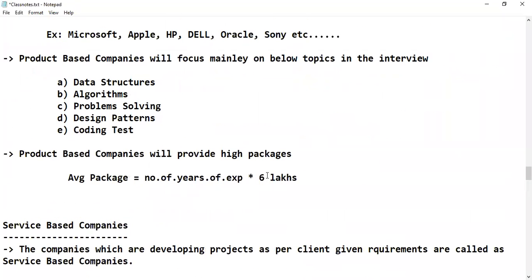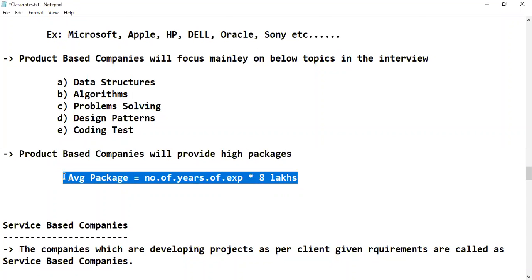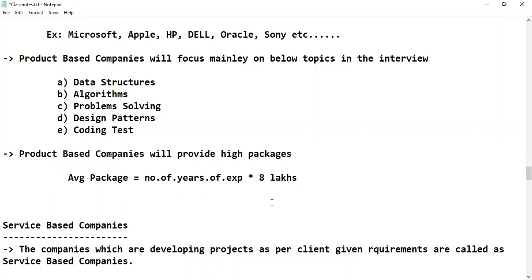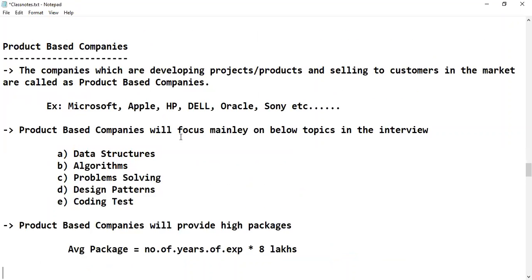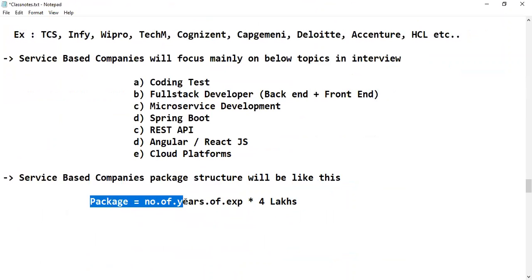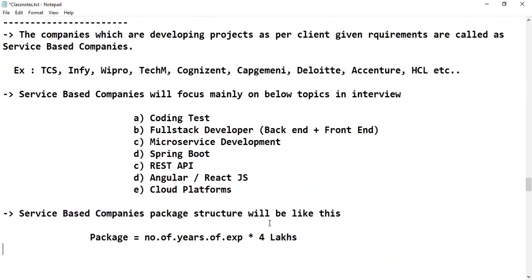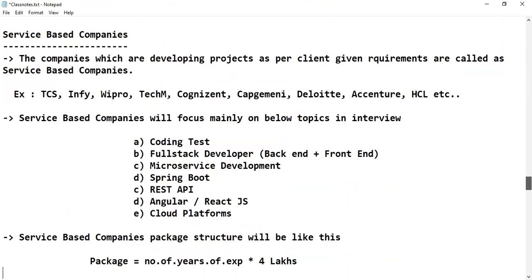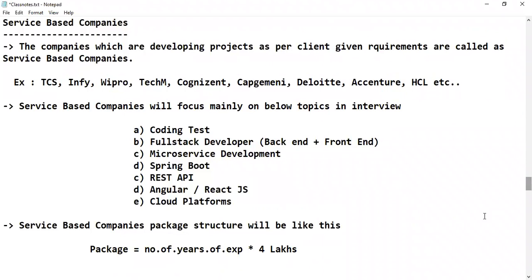These companies can provide up to 6 and up to 8 also, depending upon the company. Generally, I mean to say, in product-based companies the package structure will be high, and in service-based companies it will be a little less.